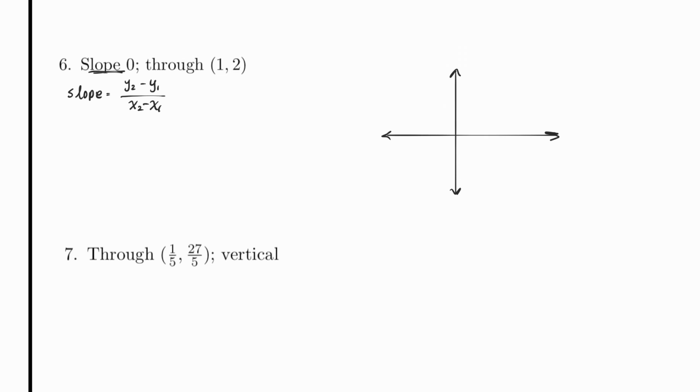So y2 minus y1 is 0, and y2 and y1 are the same. A line with slope 0 should be a horizontal line, like that.